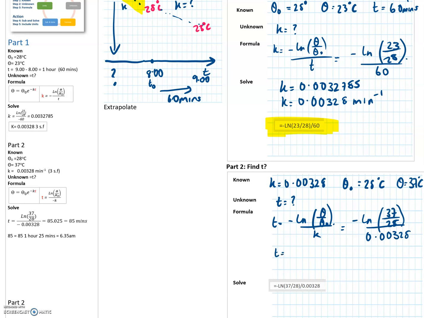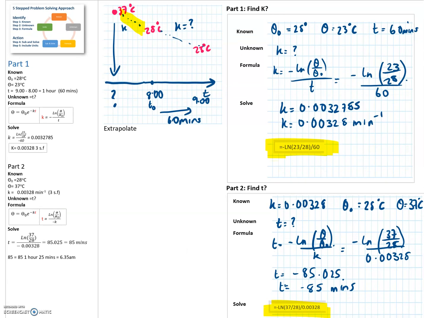When we work this out, it gives us a negative value of minus 85.025, and we round this to the nearest minute, which is minus 85 minutes. Now again, if you wanted to type this function into Excel, you could do it directly here like this. So we can now work out from our graph that somebody died 85 minutes before 8 o'clock in the morning.